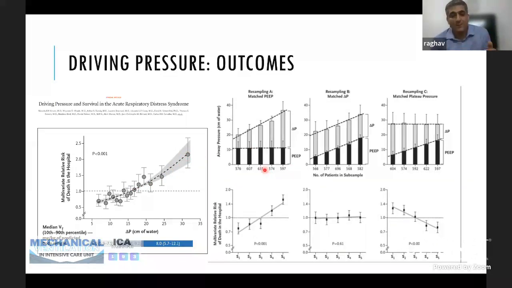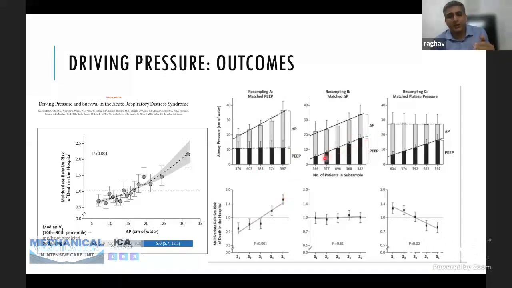Also, this association of driving pressure with mortality is independent of plateau pressure, tidal volume, and PEEP. For example, in this first figure, the driving pressure is increasing, but the PEEP remains constant. However, the mortality keeps on increasing.